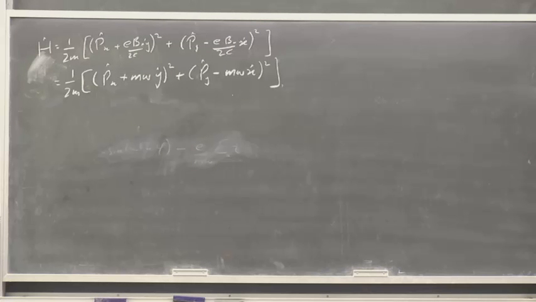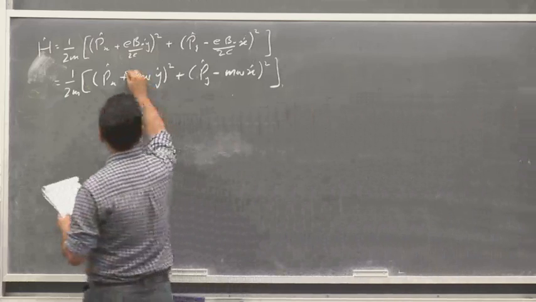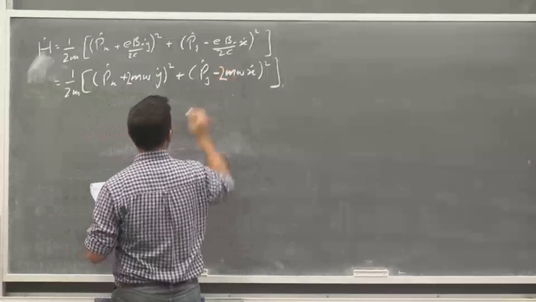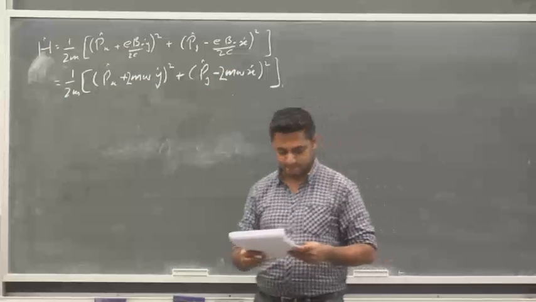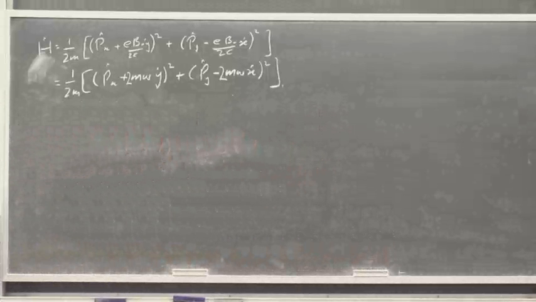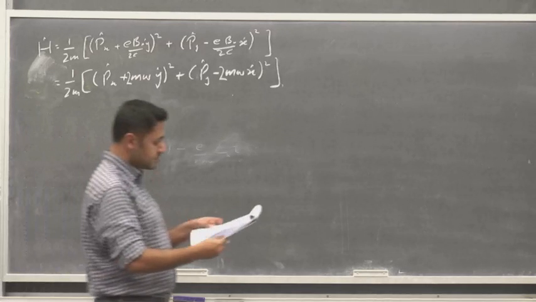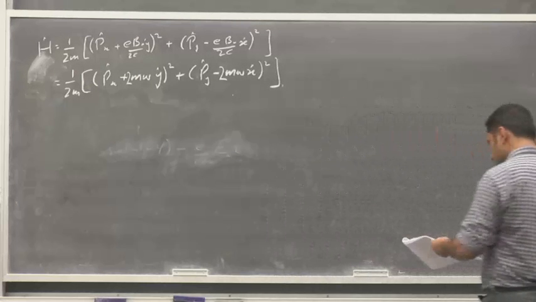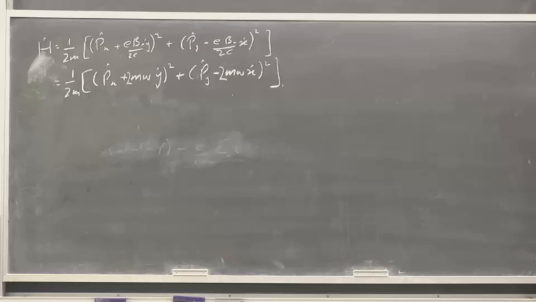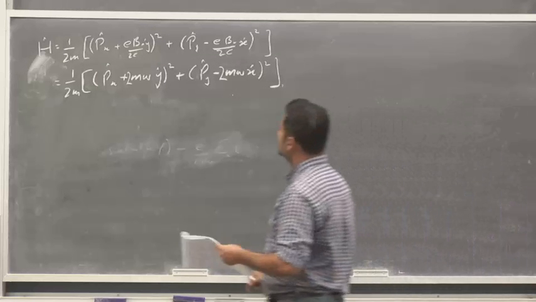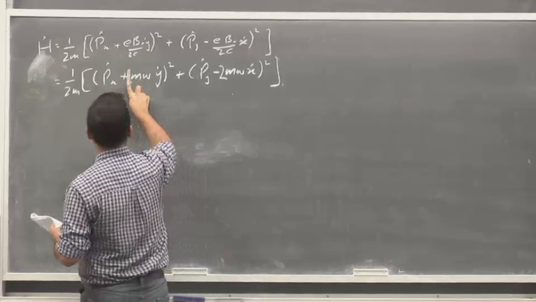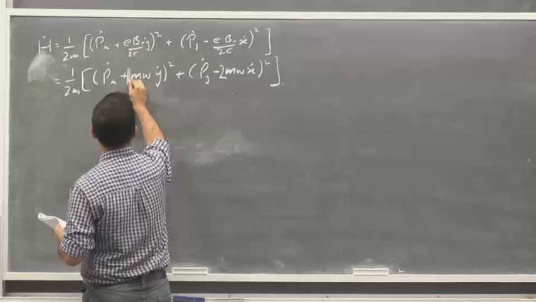Maybe I missed it somewhere. Let's put it over here. Okay. I hope the rest of my notes are not screwed now. So shouldn't it be in the denominator? M omega over 2.